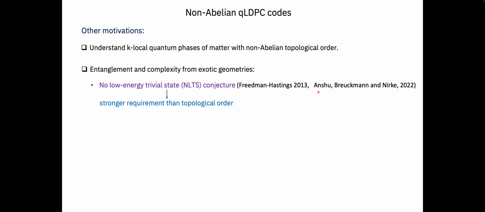So NLTS can be considered a stronger requirement than topological order, where topological order requires the ground state to be non-trivial, which means you cannot prepare it from a constant depth circuit starting with a product state. Sometimes it's also called long-range entanglement if you consider geometric locality. For NLTS, it requires all the low energy excited states below a certain energy density to also be non-trivial.